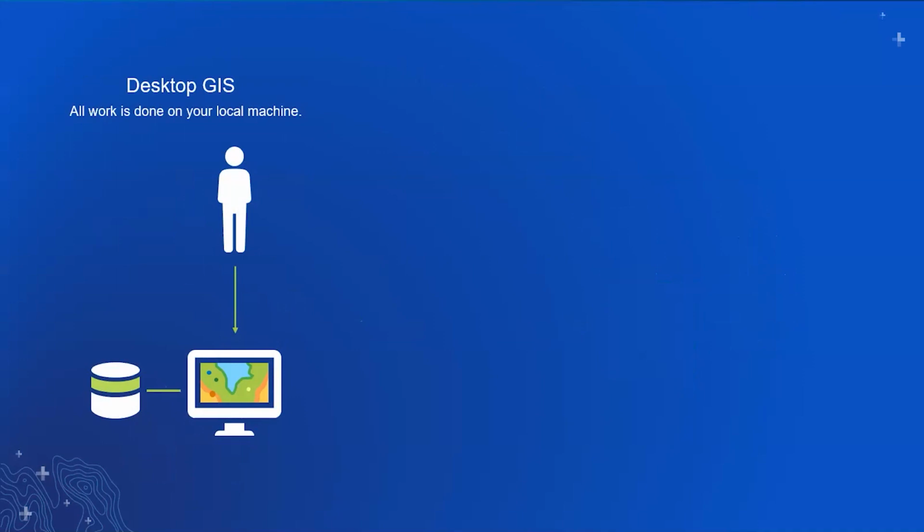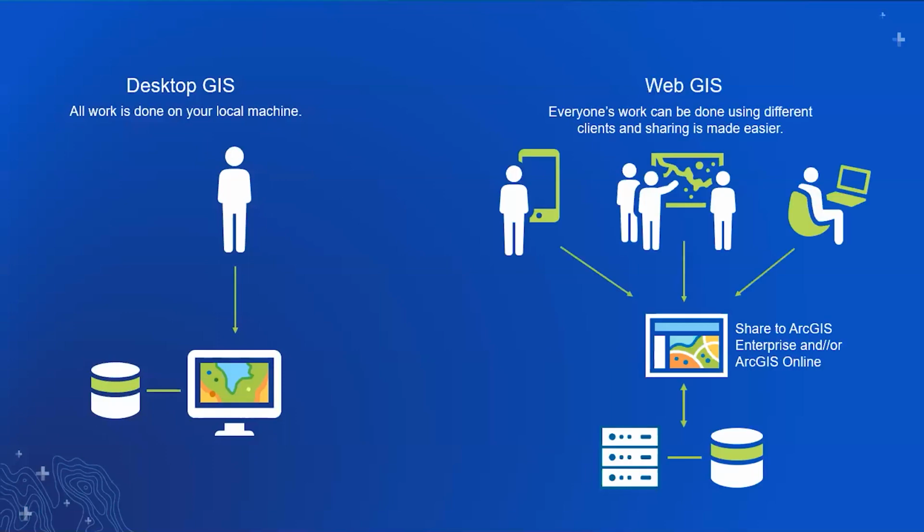So this is a traditional model of desktop GIS, where all your work is done on a local machine. You have access to your databases and your geodatabases all on your machine. And Web GIS is transforming how that work is done, making it easier and more efficient to share information and data across an entire enterprise.